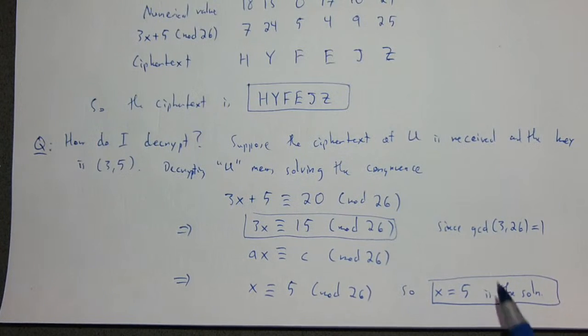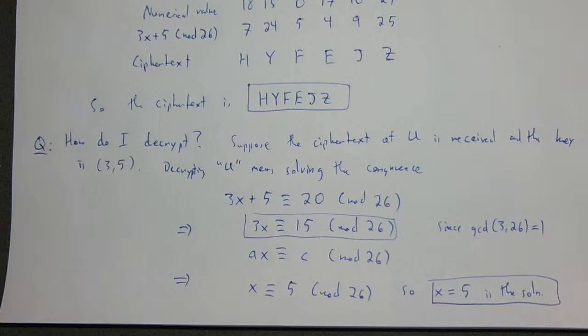I'll give an example of what happens when the GCD is not 1 in a second. But of course, note that if the GCD is 1, then I can always do this division. So to answer the question that I asked previously of why I want to require the GCD to be 1, this is why.